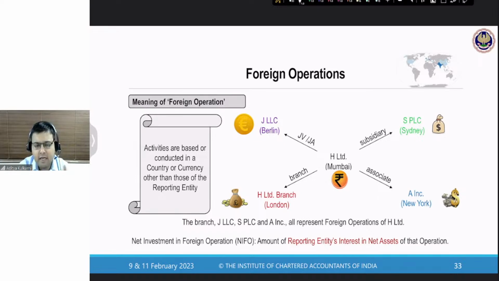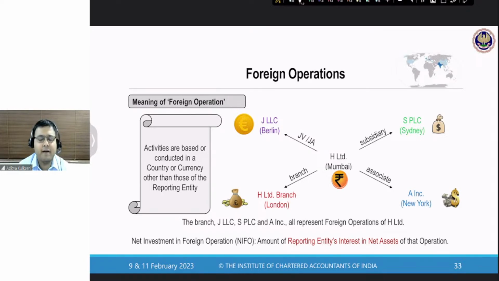There, the trial balance will be in Great Britain's pound sterling, whereas H Limited's trial balance would be in the currency of INR. So when I have to consolidate, obviously I cannot do a simple addition because the currencies are different. I will have to convert the branch's trial balance from pound sterling to the Indian rupee.